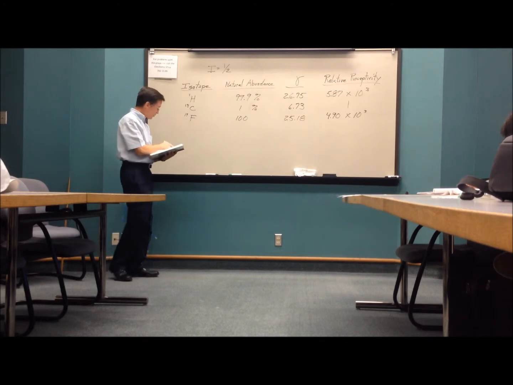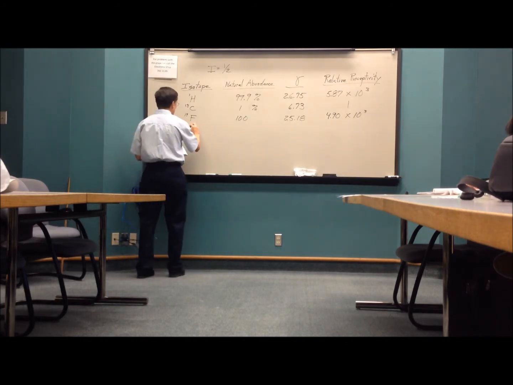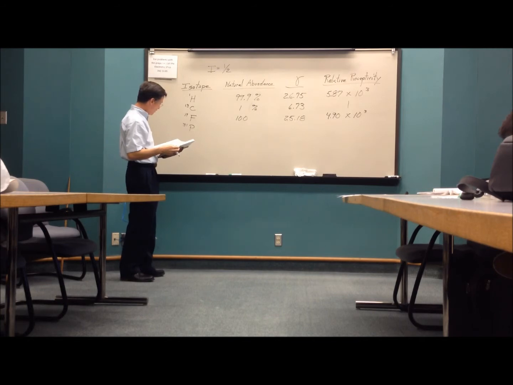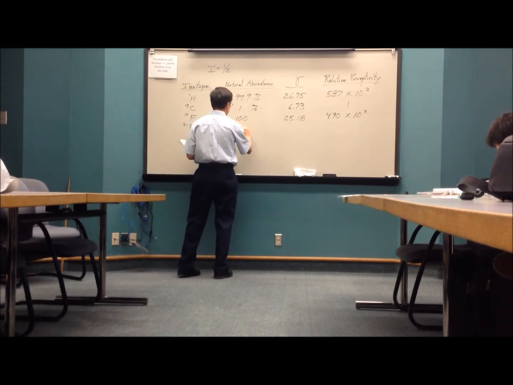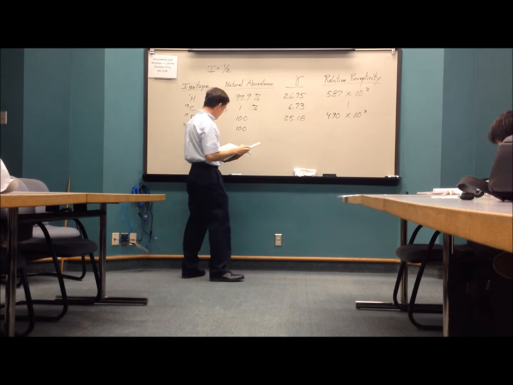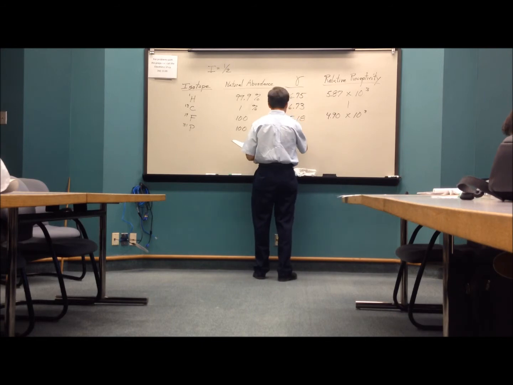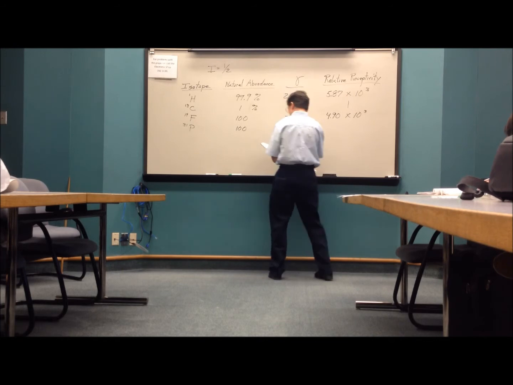Another nucleus that gets used quite a bit is phosphorus. Again, a biologically important element, although it's usually just in there as phosphate, but there's a lot of inorganic chemistry with phosphorus. Again, 100% abundance. Not a bad value for gamma.